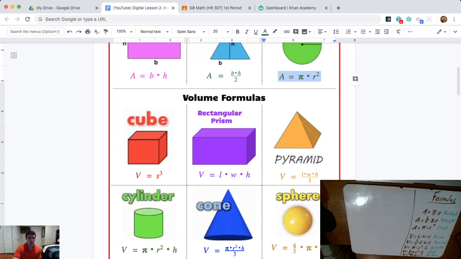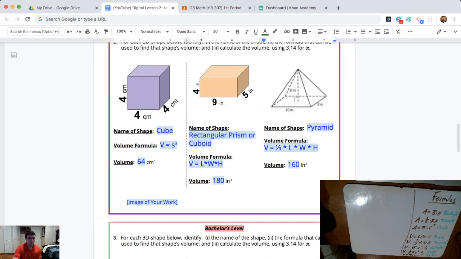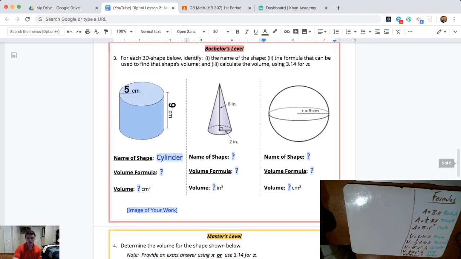So the volume formula for a cylinder, since it's just a three-dimensional circle that has height to it, is the area formula, pi r squared, multiplied by whatever the height of that three-dimensional cylinder is. So that's the volume formula we need to be using.